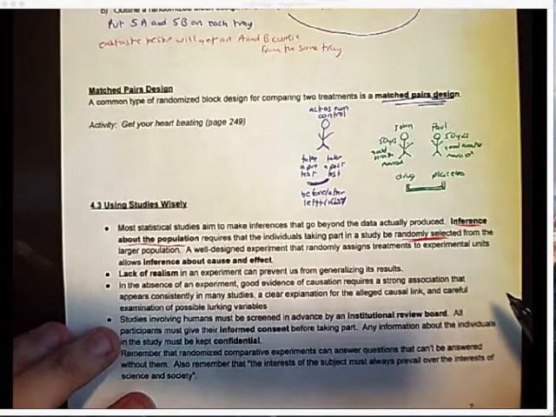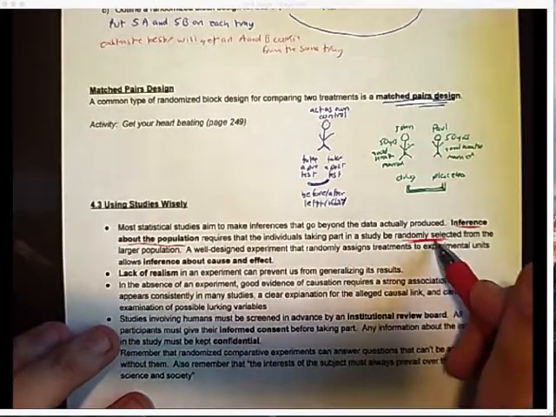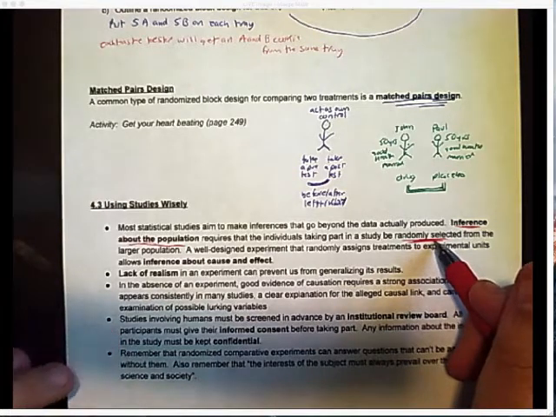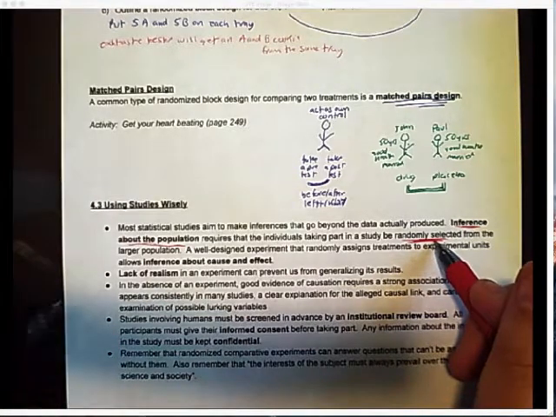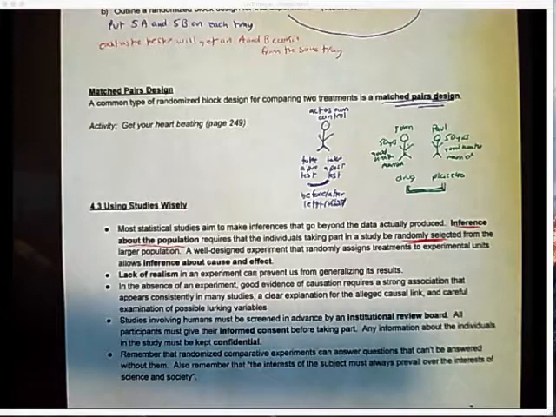Now, if it's an experiment, you can't do experiments on people after you randomly select them. Most of those experiments, people have to volunteer themselves. So if it's an experiment, you don't necessarily have random selection, but you do have random assignment.